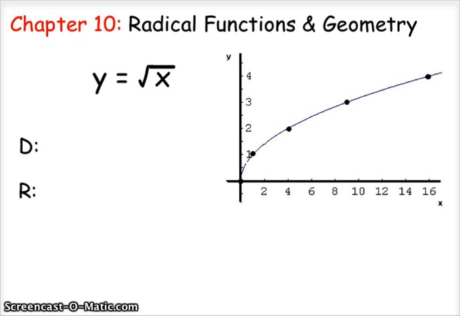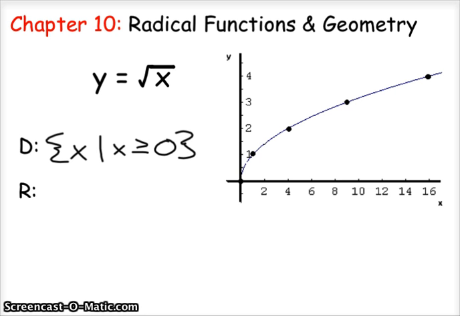And remember, x has to be square rooted. And so I can't take the square root of negative numbers. So domain is going to be all the x's such that x is greater than or equal to 0. It's all the positive numbers including 0, because the square root of 0 is 0.